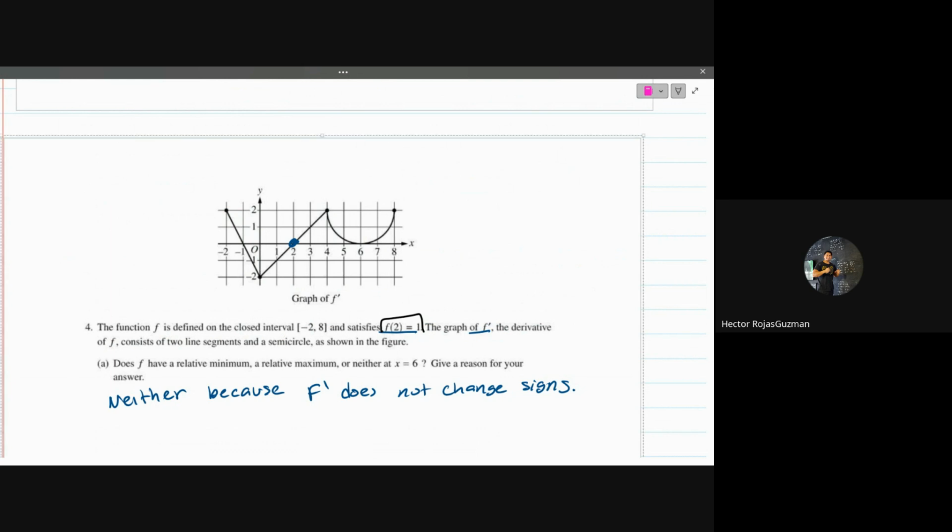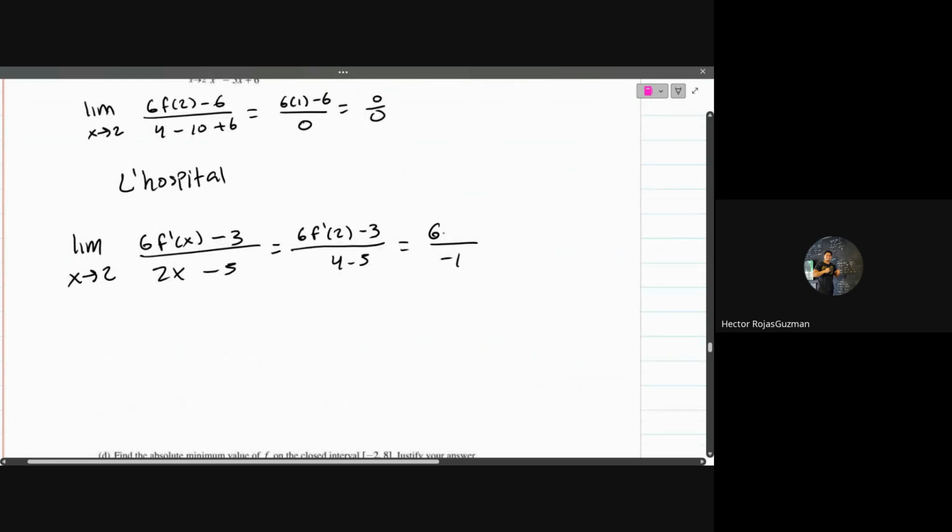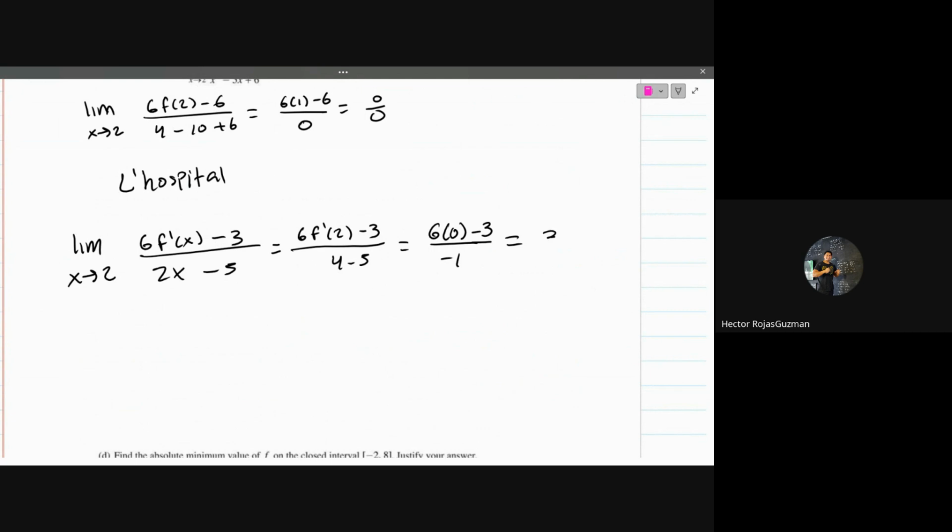So of course, I guess I made a mistake in my notes. 6 times 0 minus 3 equals +3. I made a mistake in my solutions, so careful with that. So there you have it. The value of the limit as x approaches 2 is 3. All right. On to the next part.